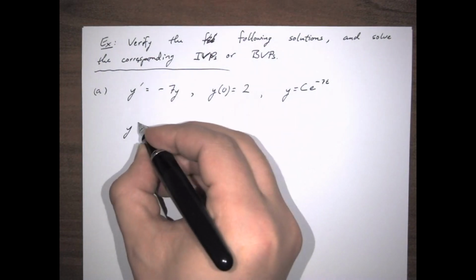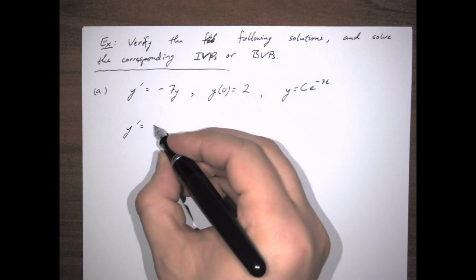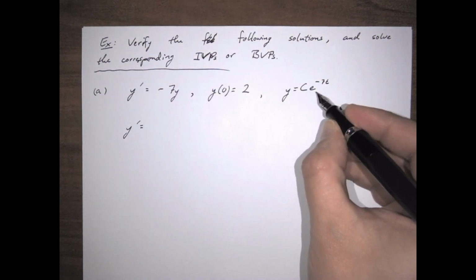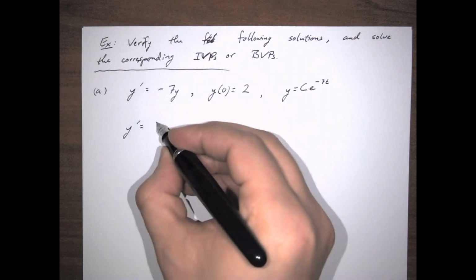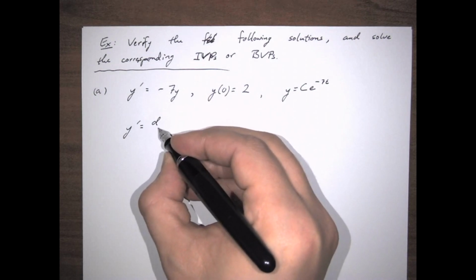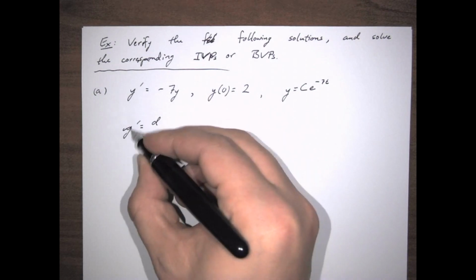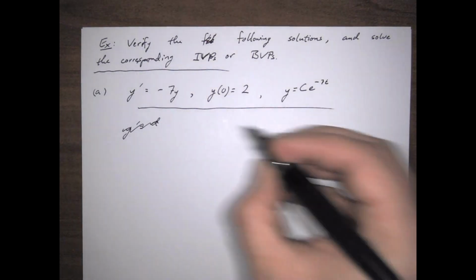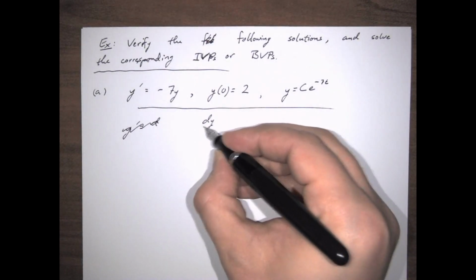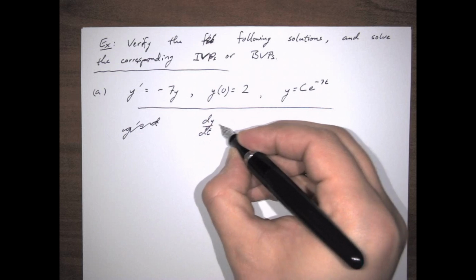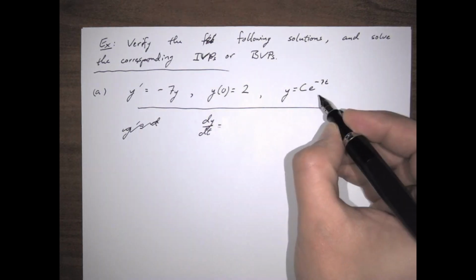So y prime is equal to, and if we take the derivative of this, this is us just differentiating it to begin with. So dy/dt, notice the variable here is t, so we'll respect that.